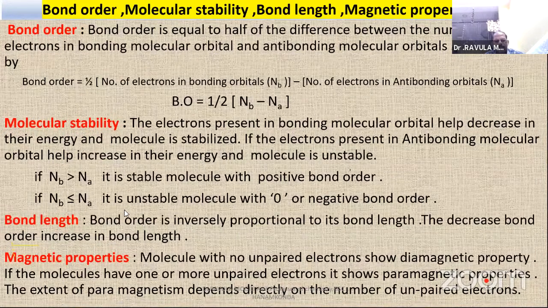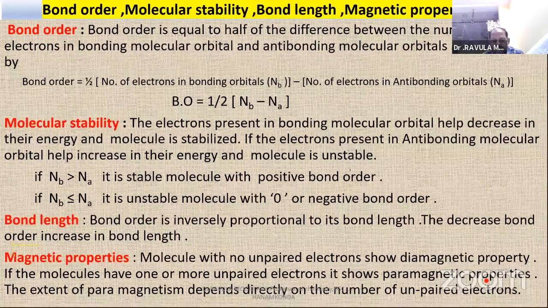Next one, bond length. It is a very, very important term. Bond order is inversely proportional to bond length. If bond order increases, bond length decreases. A double bond is shorter than a single bond, and a triple bond is shorter than a double bond. Suppose bond order is 1, 2, 3. Which has the smaller bond length?